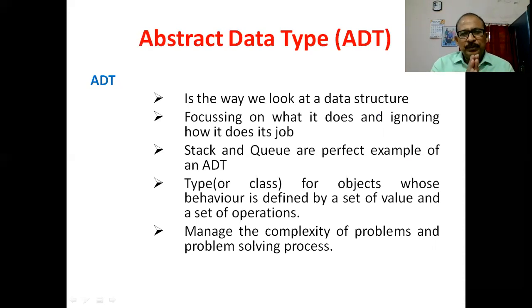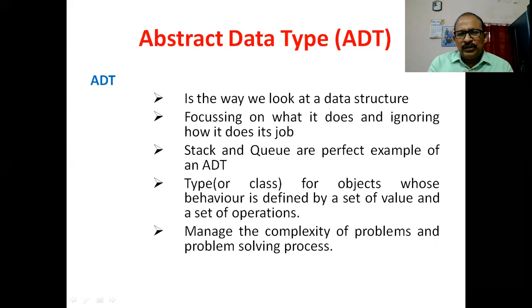But you should keep in mind, nothing is essential or unessential in itself. It depends on our requirement, what we want to study. This is a concept of handling a complex problem, focusing on the things in which we are interested and ignoring the rest.